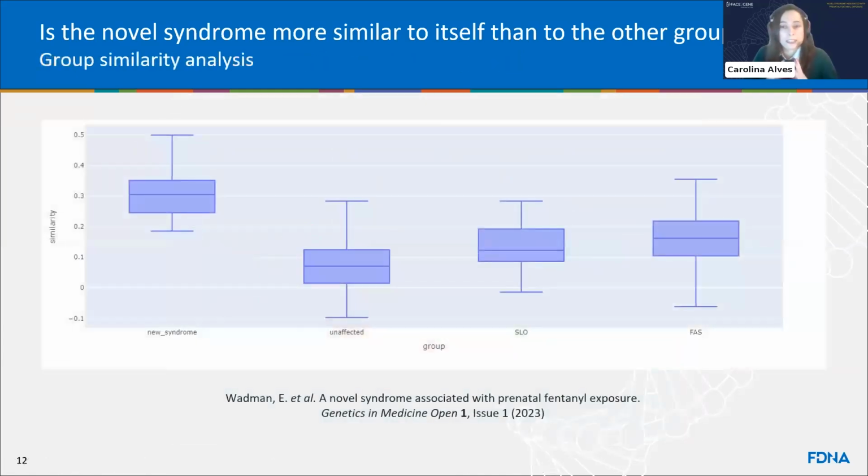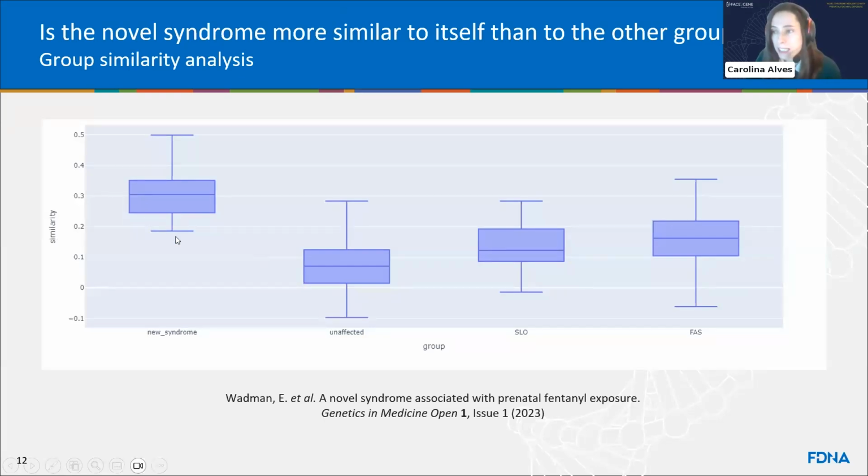Here you can see the similarity distribution between the novel syndrome versus itself, and then the novel syndrome versus the other groups that we have now discussed. If you are not familiar with this box plot visualization, you can think of it as this top-down view of the distribution.